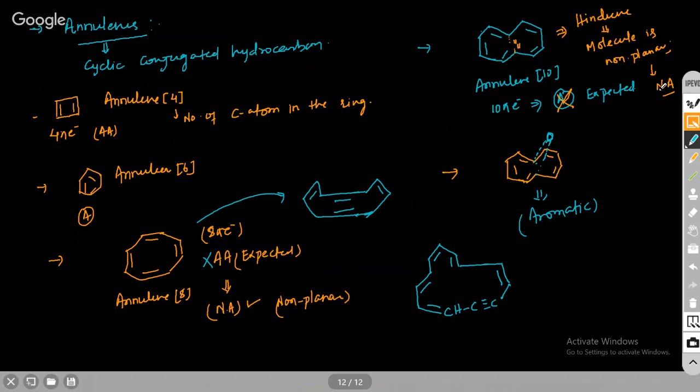Number of pi bonds, if you count here: 1, 2, 3, only one pi bond will count here, 4, 5, and 6. So we have 6 pi bonds, 12 pi electrons. 12 pi electrons means what? It should be anti-aromatic. But again, the number of carbon atoms is more than 7, so anti-aromatic is not possible. The molecule is non-planar and it is non-aromatic in nature.